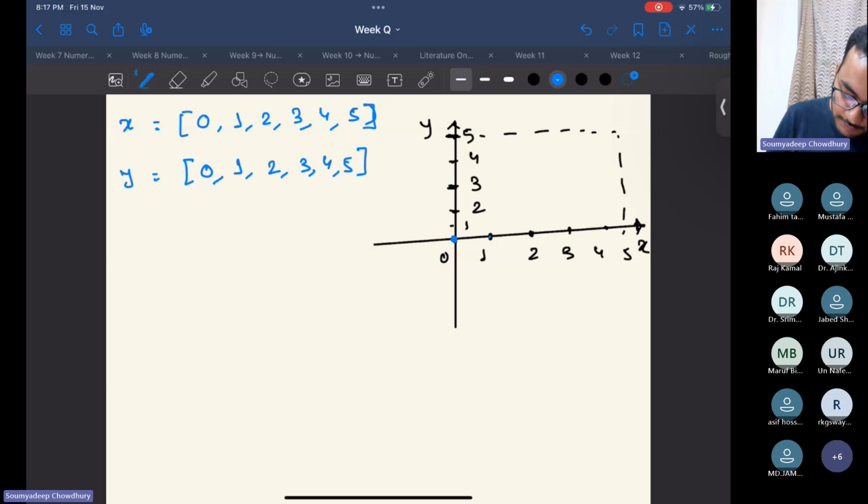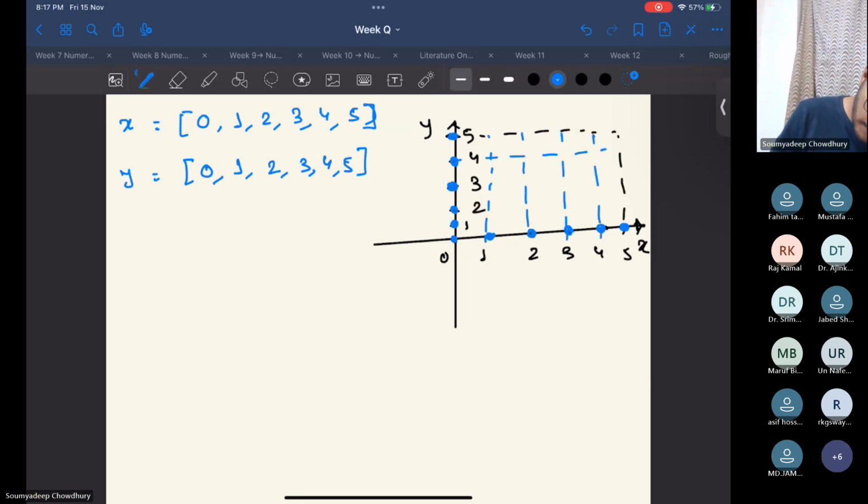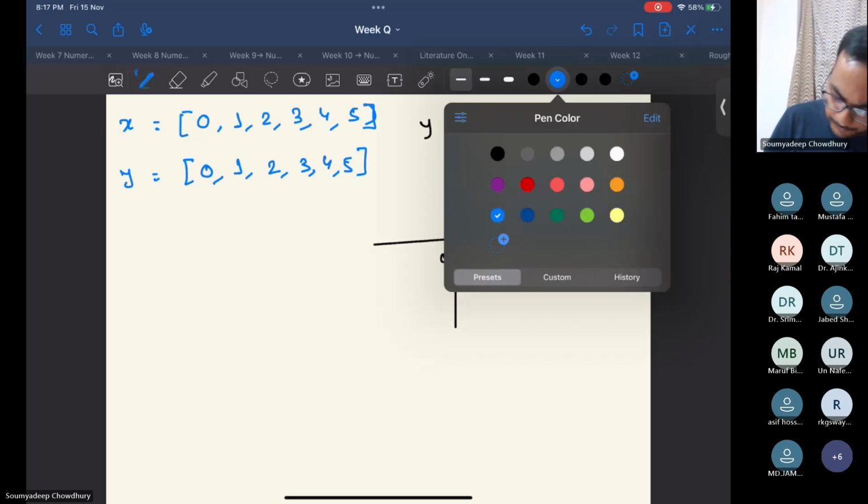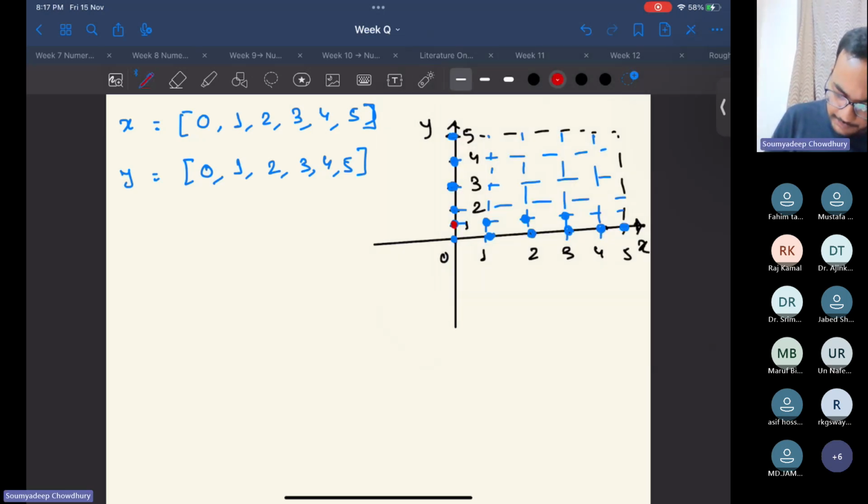It is 0, 0, 1, 0, 2, 0, 3, 0, 4, 0, 5, 0. Whatever I'm marking with blue, I have to include all these things, and the interior points also, all these red marked and blue marked points.